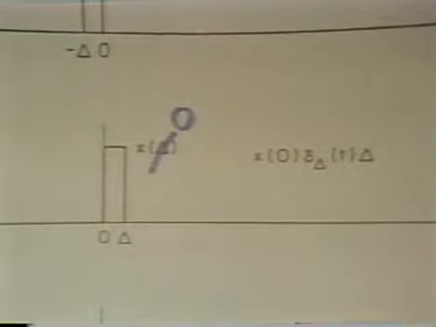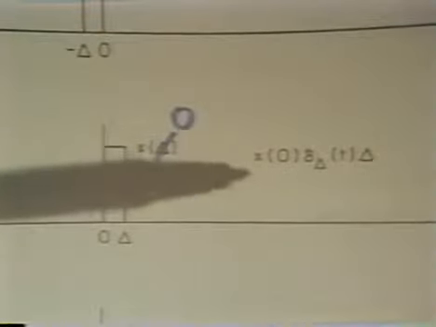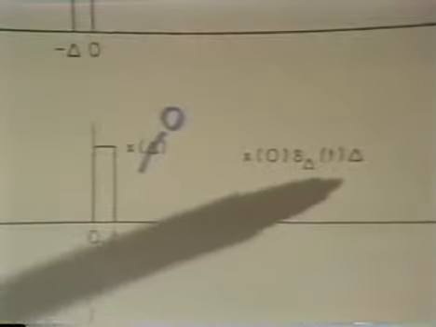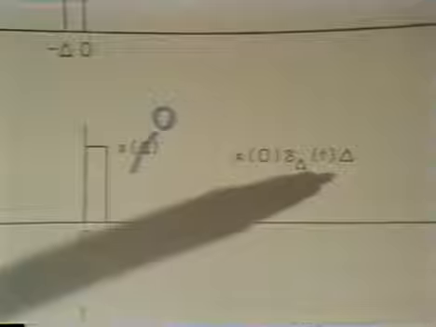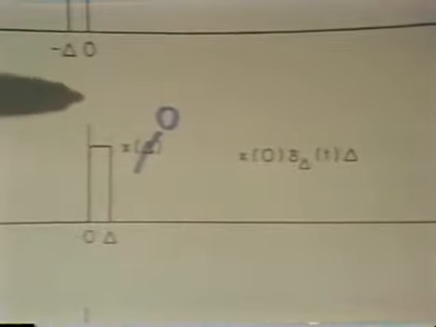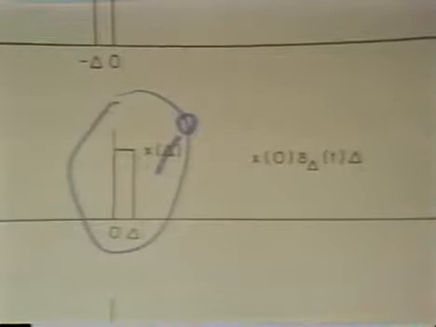And so we have a rectangle of height x of 0. And recall the function that I defined last time as delta sub capital delta of t, which had height 1 over delta and width delta. So multiplying finally by this last little delta, then this is a representation for the rectangle that I've shown there.